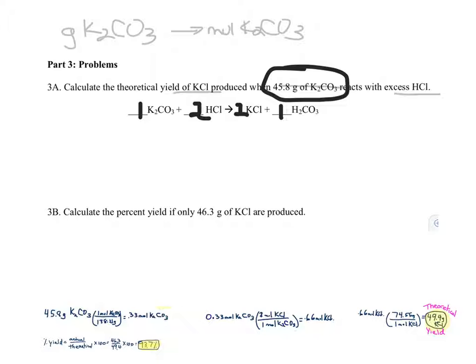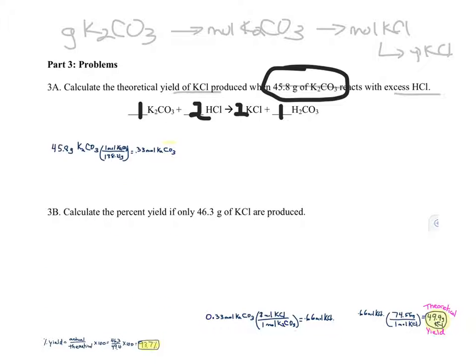Then I can go to moles of potassium chloride. Then I can go to grams of potassium chloride by multiplying by the molar mass. So the first step is going from grams to moles.